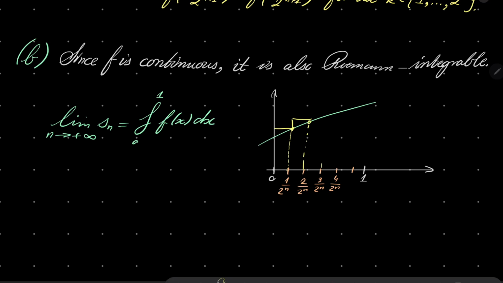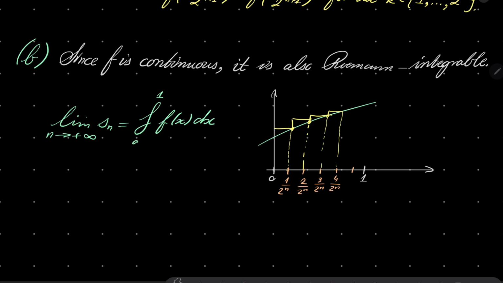For example, something like that. These yellow rectangles, their area approximates the integral, and once we take finer and finer partitions of our interval, we get closer and closer to the actual value of the Riemann integral. Alright, so this is crucial.